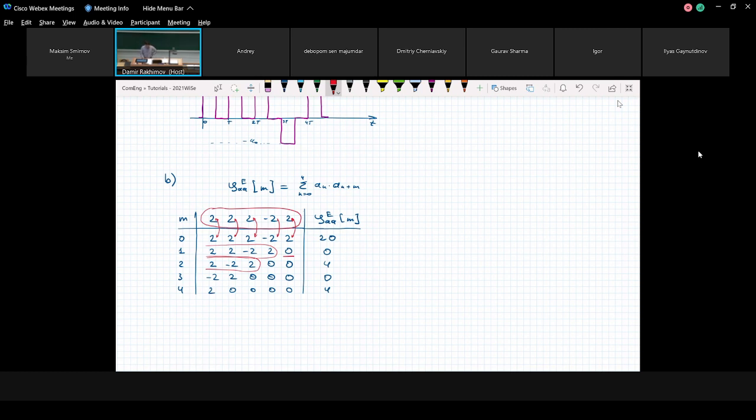Every time I do a shift, I calculate the element-wise product between the shifted copy and the original sequence. Then I calculate the sum of these resulting products, and I place this result on the right side. As a result, you see that we have these values for autocorrelation: 20, 0, 4, 0, 4. Okay, let's try to plot this function.